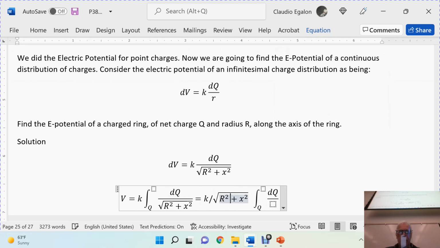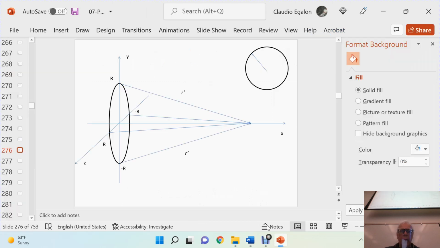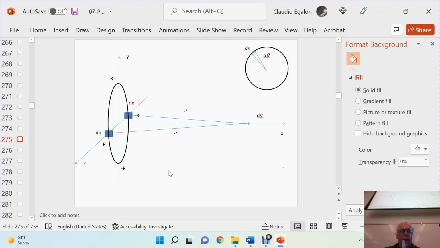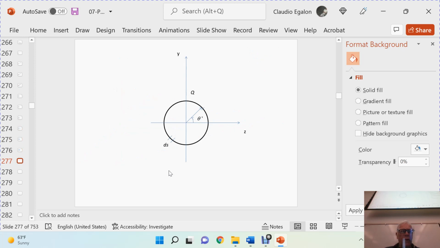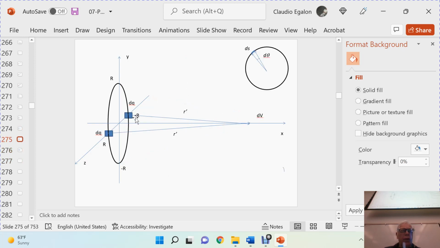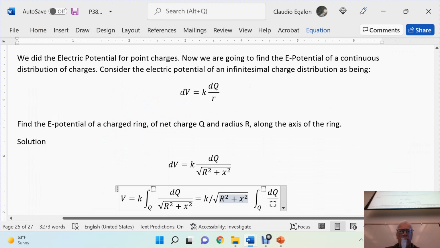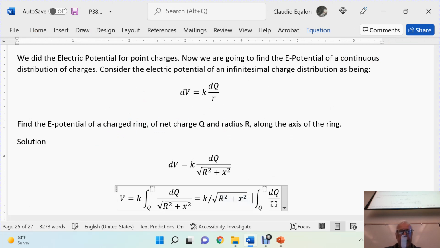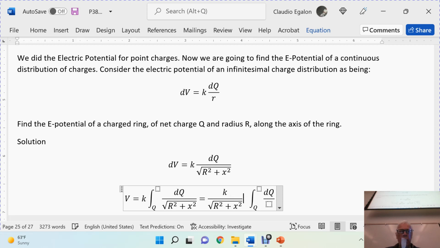As we scan through every element in this ring, the distance doesn't change. So this square root can be taken outside the integral.